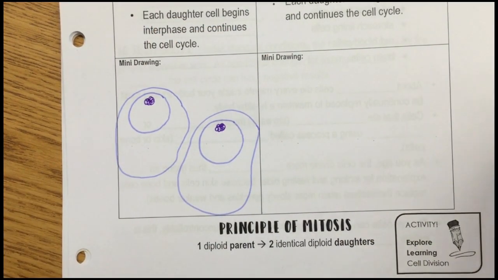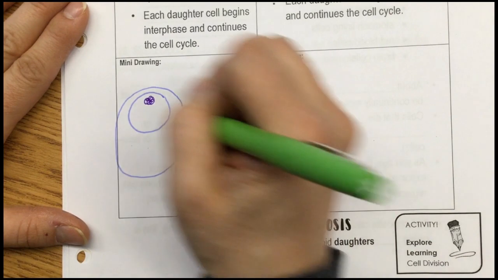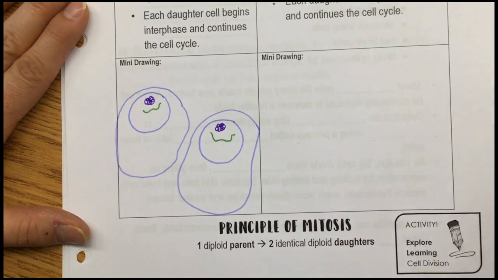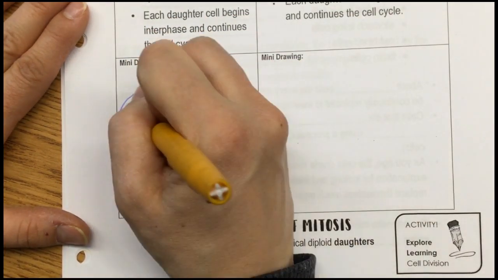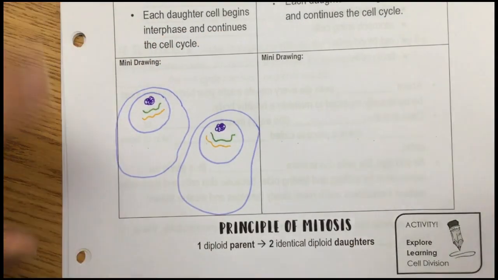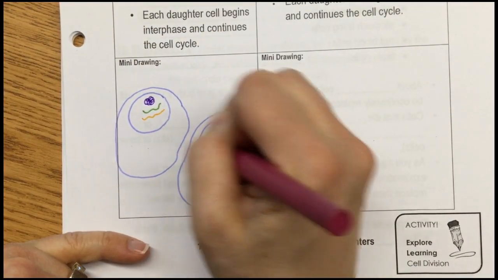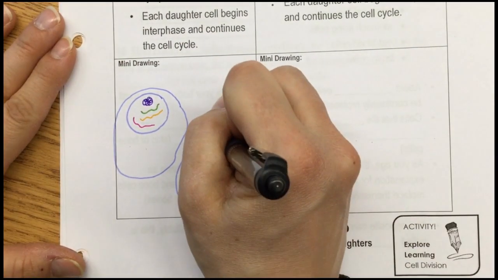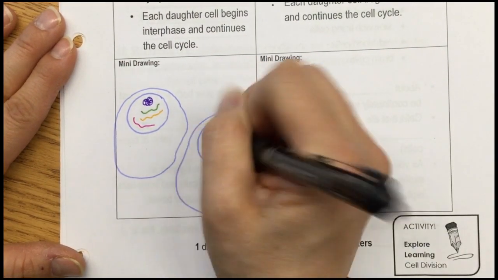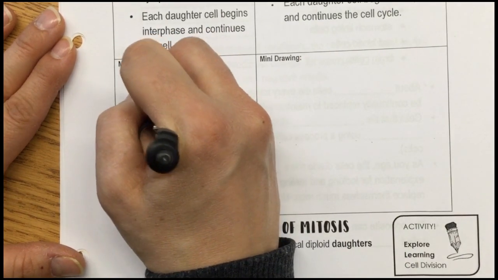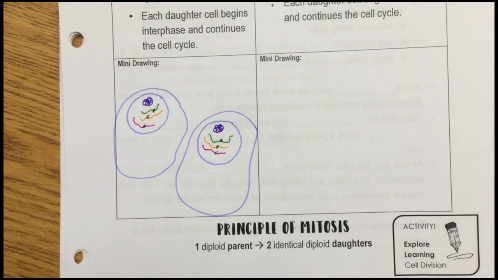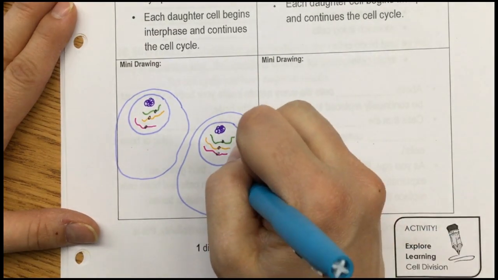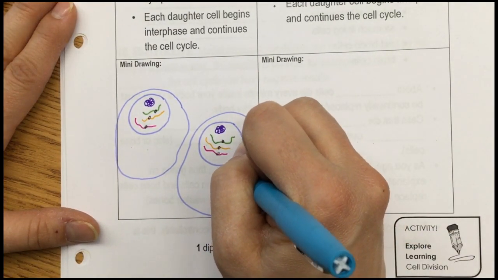We have our chromatin. We have our centromeres. And we'd also have our centrioles somewhere in the cell.